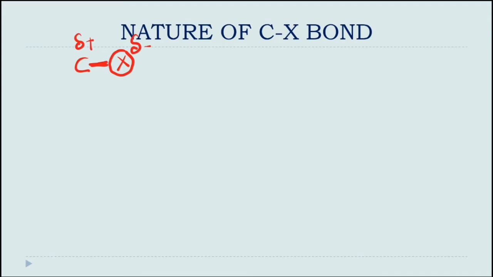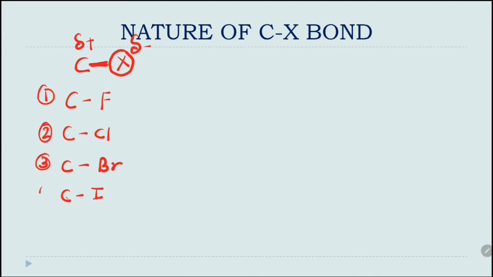Now, in which bond will the polarity be maximum? If we compare the carbon fluorine bond, carbon chlorine bond, carbon bromine and carbon iodine bond, we know that fluorine has the highest electronegativity in its group. So the polarity or charge separation of the carbon fluorine bond is greatest.